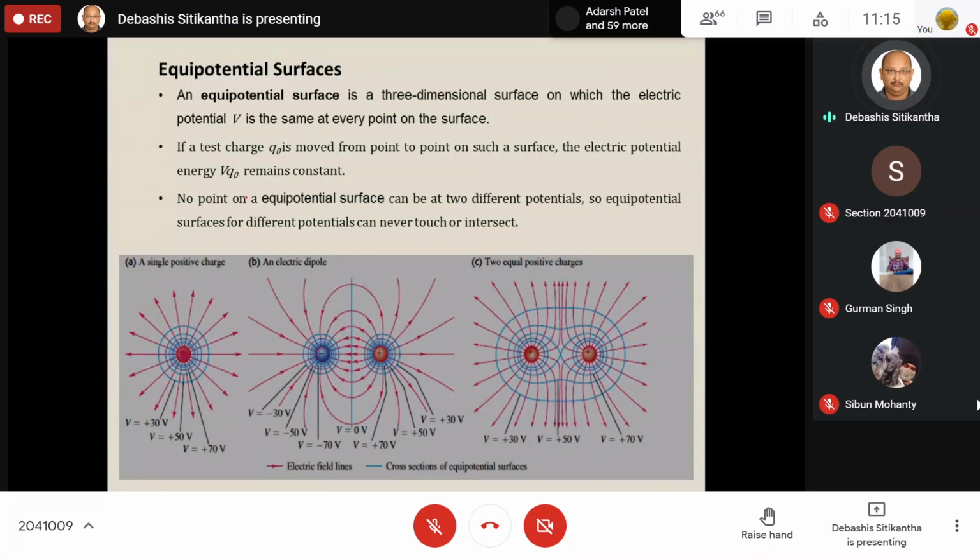So let us now formally define what an equipotential surface is. As it is written over here, an equipotential surface is a 3-dimensional surface on which the electric potential V is the same at every point on the surface.